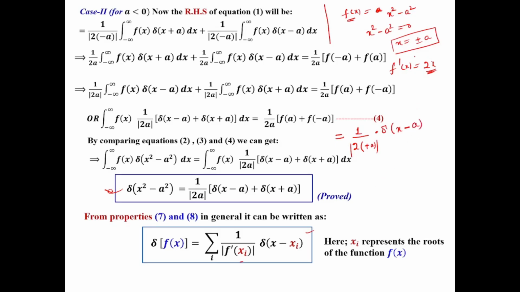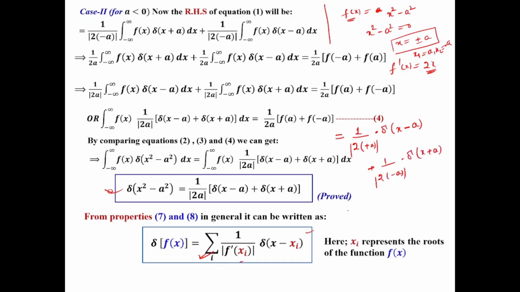See, x1 is a and x2 is minus a over here, right? Plus 1 by 2 into mod of minus a, since the summation format is there, 1 by 2 into mod of minus a, into delta(x plus a).